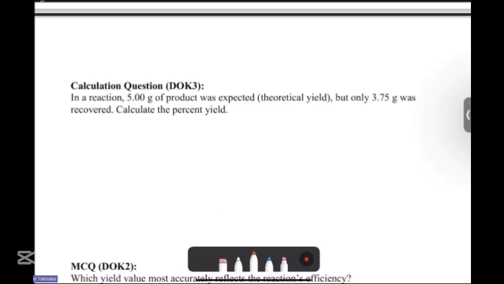Now moving on. In a reaction, 5 gram of product was expected. I'm explaining here that we did our stoichiometric calculations and the maximum amount that we should obtain is 5 gram. So 5 gram is the theoretical yield, but only 3.75 was recovered.